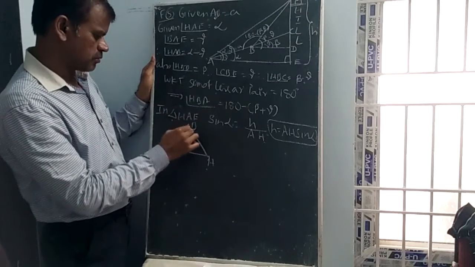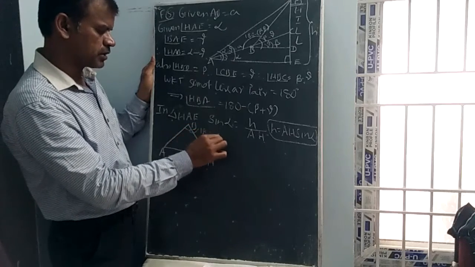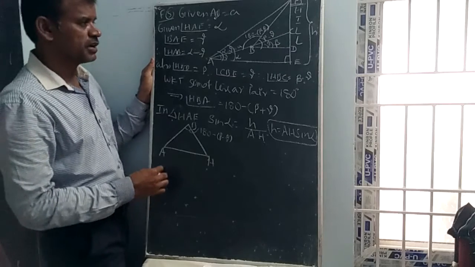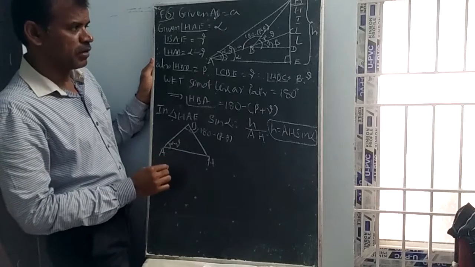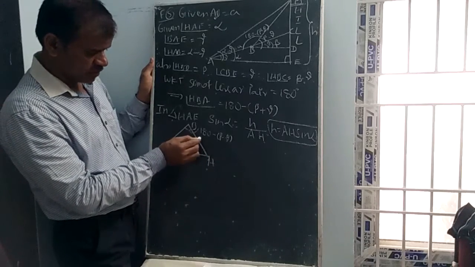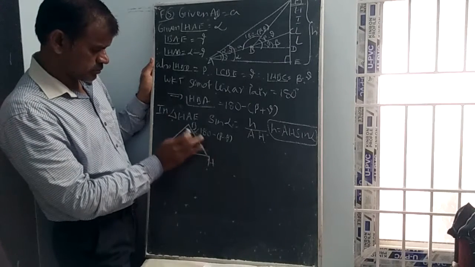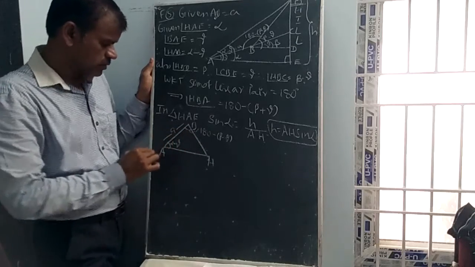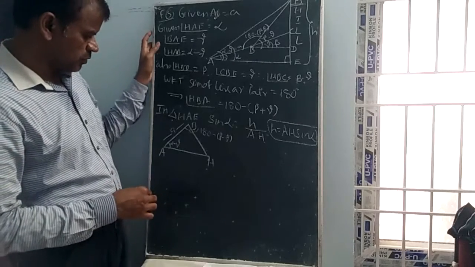This is B. Here you can write 180 minus of beta minus gamma. At A, you write alpha minus gamma. AB becomes small a, the distance between A and B. So, using sine rule, you can write.